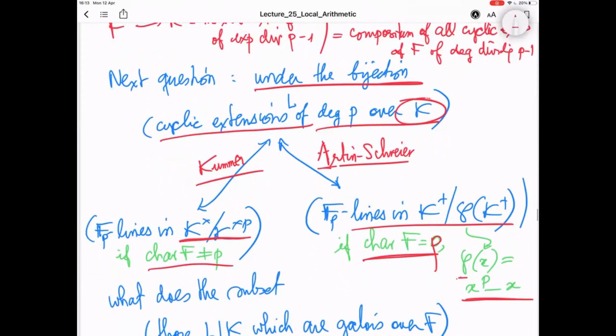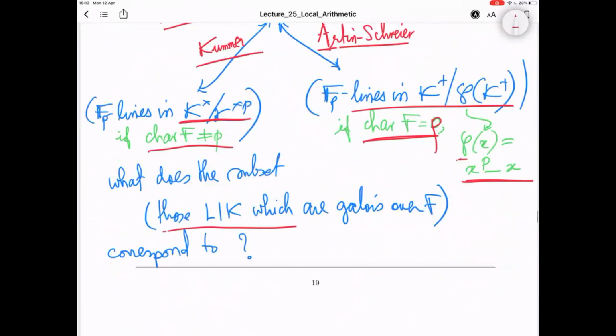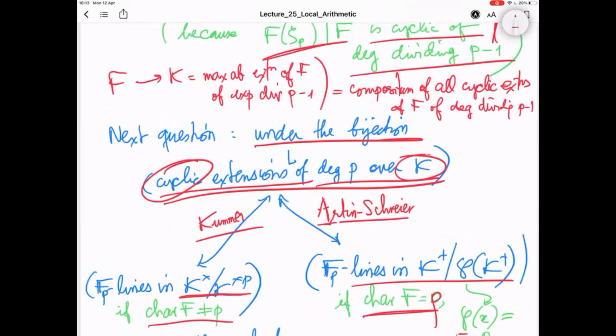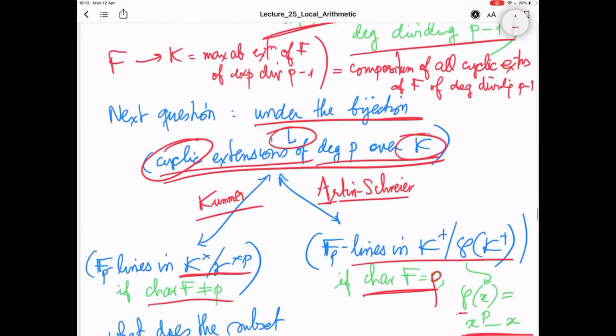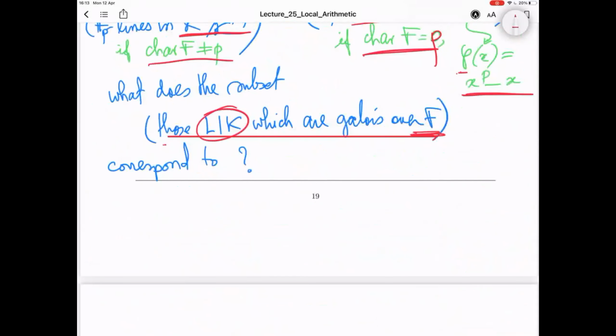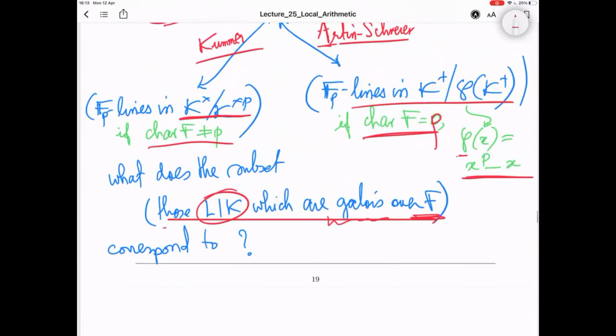And inside this, we have a special subset, which is those extensions L of K which are Galois over F. Here we are talking of all cyclic extensions L of K of degree p, but there are those L over K which are Galois over F. So that's a subset here.